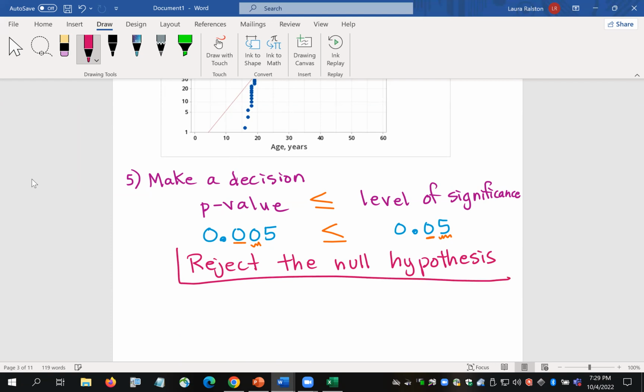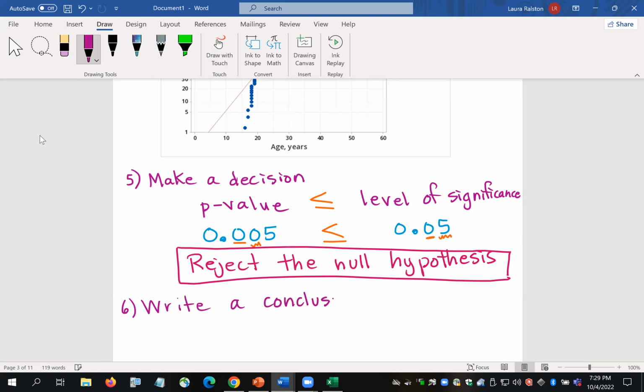You need to show me the numbers, show me the comparison between the p-value and the level of significance, and then you have to state your decision, whether to reject or fail to reject the null hypothesis. And then step 6 here is to write a conclusion.